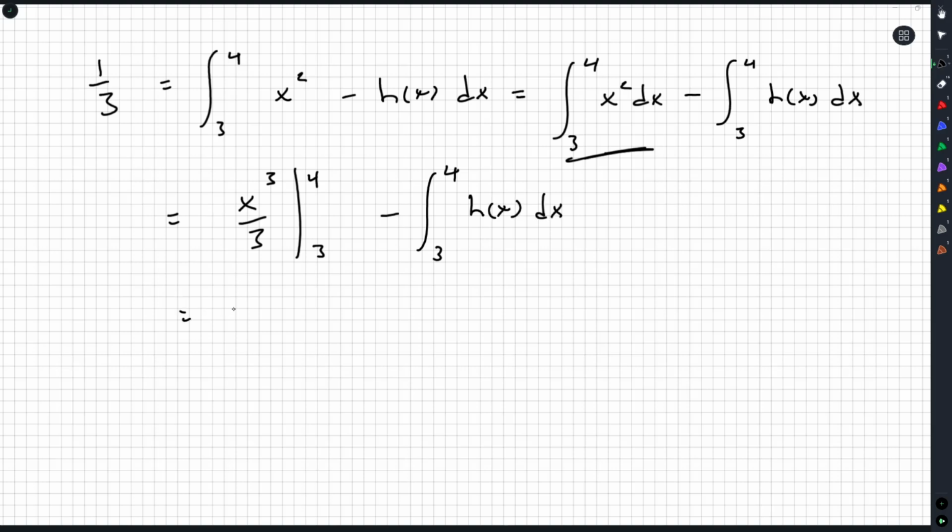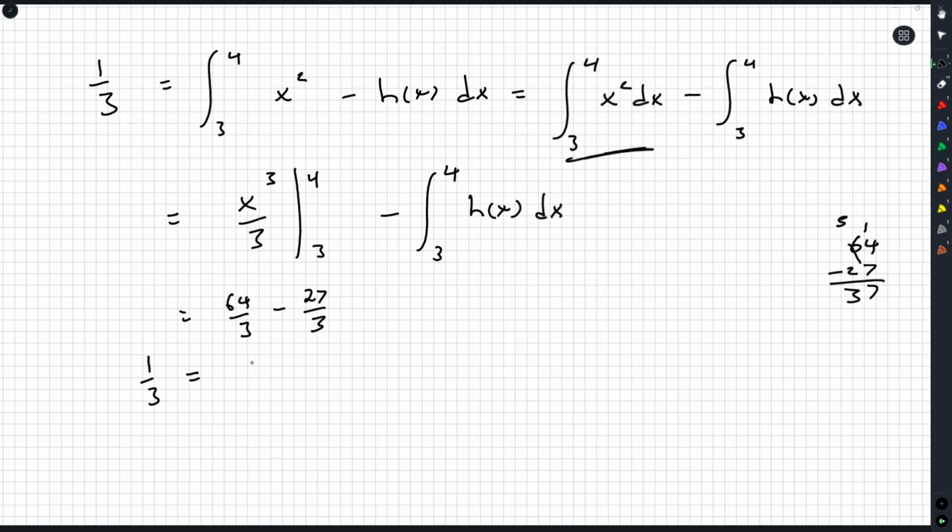So what is it? 4 cubed, so that's 64 over 3 minus 3 cubed, which is 27 over 3, which is really just 9. But actually, I'm going to keep it as 27 over 3, so that way I can take the difference. 64 minus 27. I don't want to fumble this, so I'll just do it off to the side. So 37.